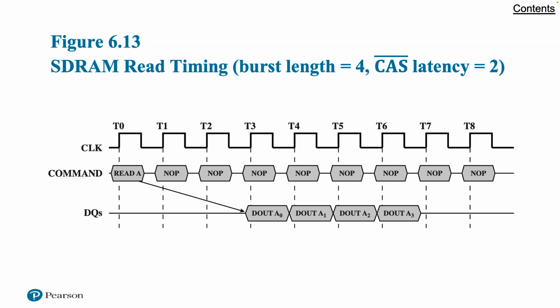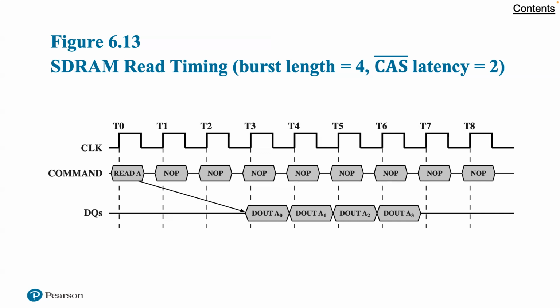The burst read command is initiated by having CS and CAS low while holding RAS and WE high on the rising edge of the clock. The address input determines the starting column address for the burst, and the mode register sets the type of burst, sequential or interleaving, and the burst length, 1, 2, 4, 8, or full page.